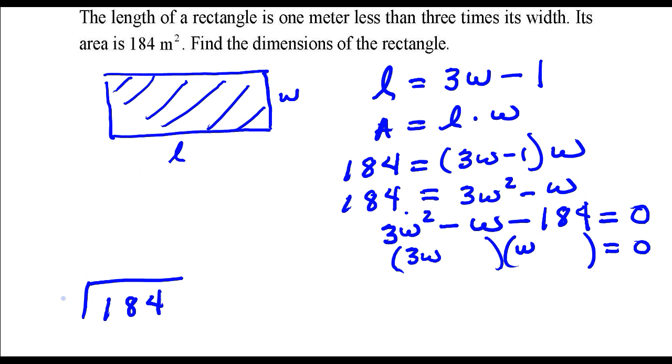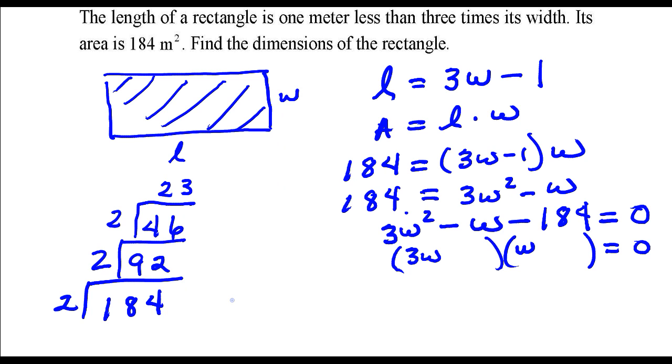184 is divisible by the first prime number, 2. It's 92. 92 is divisible by 2 again. It's 46. And you keep doing this until your quotient is a prime number. 46 is divisible by 2. It's 23.